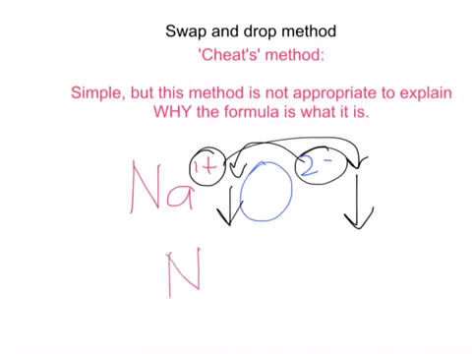So if we were to write this formula, you would write Na. This 2 has come over and dropped down. We do need to write the 2. And then with the oxygen, we've got a 1 that's gone over and dropped down. And because we don't have to write 1s down, that final formula would be Na2O.